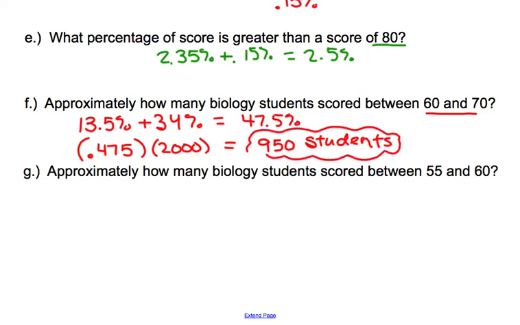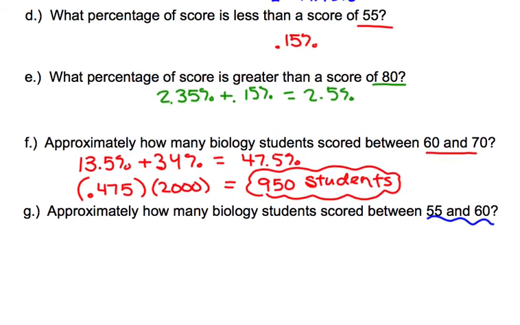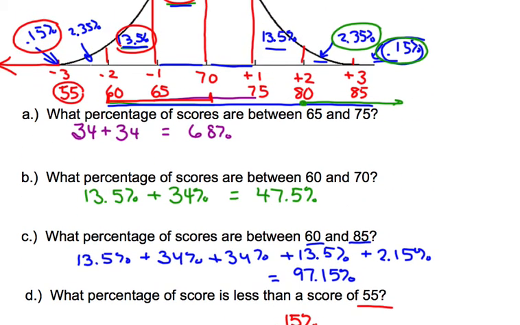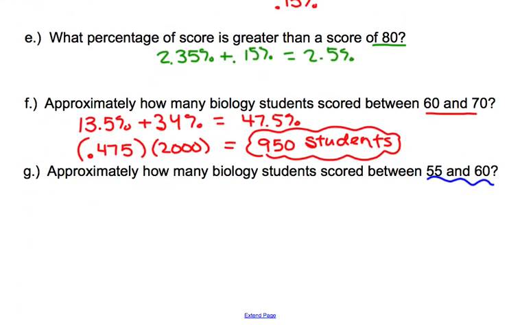All right, last question. Approximately how many biology students score between a 55 and a 60? We head up to our curve, 55 and 60. So that's this region right here. The percentage is 2.35%. So 2.35% fell in between there.